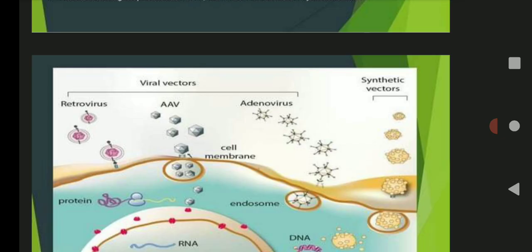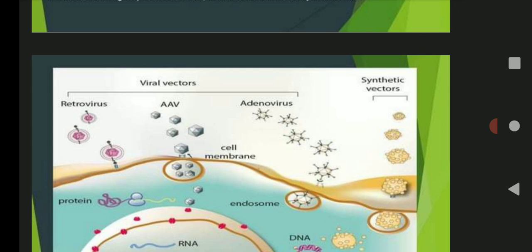When the retrovirus injects, it will cut the host animal DNA and incorporate its own DNA. It will ligate on its own to the animal DNA. So when it attaches its DNA, our foreign DNA also gets incorporated along with it.